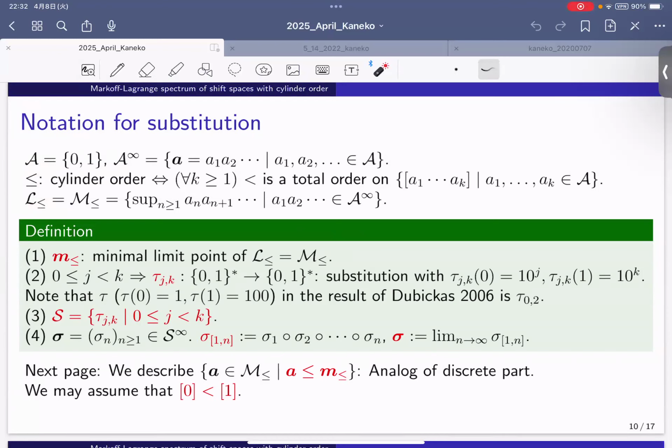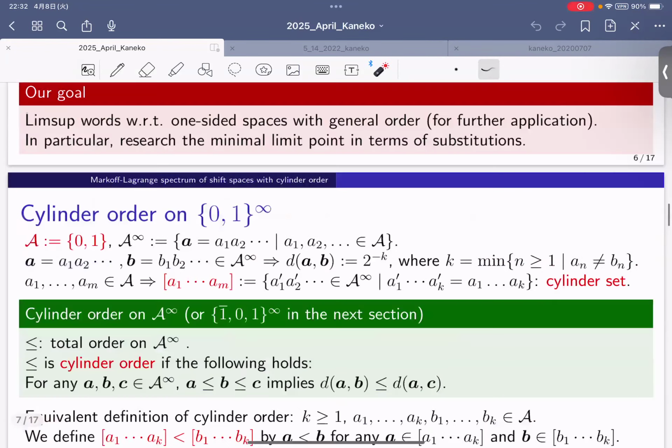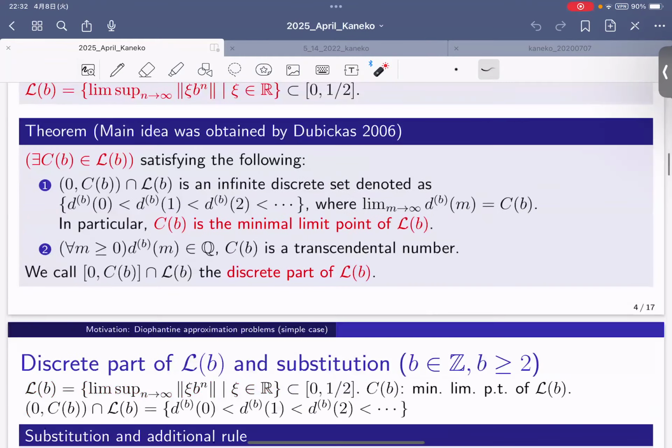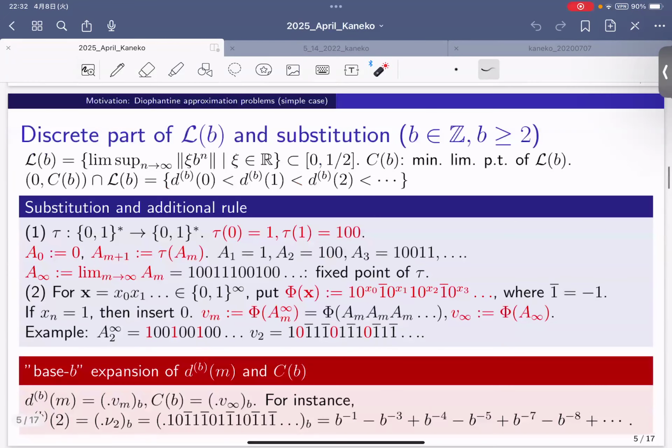The points below the minimal limit point are written in terms of substitutions. Here we wrote the discrete part by substitutions, so we need to generalize this tau.